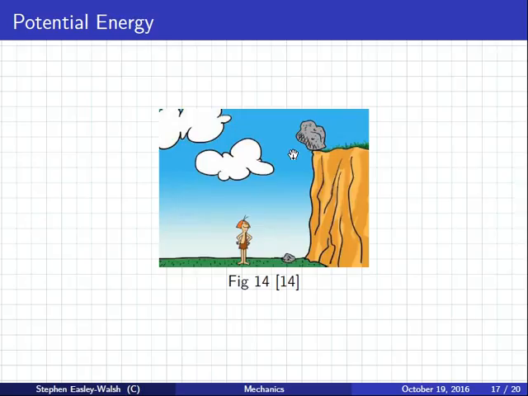Next one is potential energy. This is the energy stored inside of it. Like here, the rock has potential energy because it can do work. It can kill this man here. There's energy stored inside of it because it's about to fall. Isn't that gravitational?